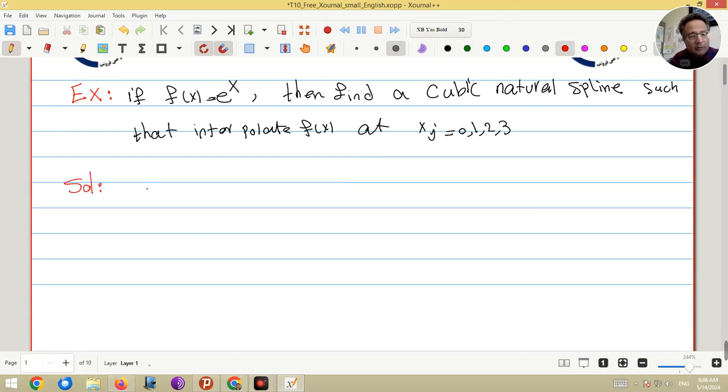solve this problem, first of all, you have to compute y0. y0 is f of 0 and is equal to 1.